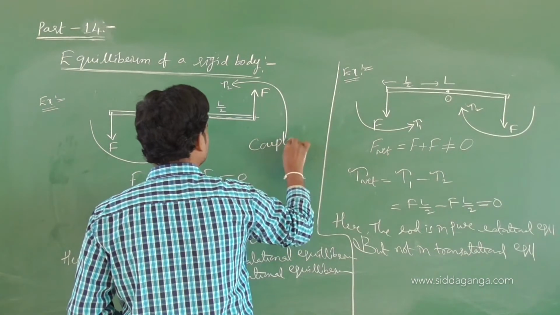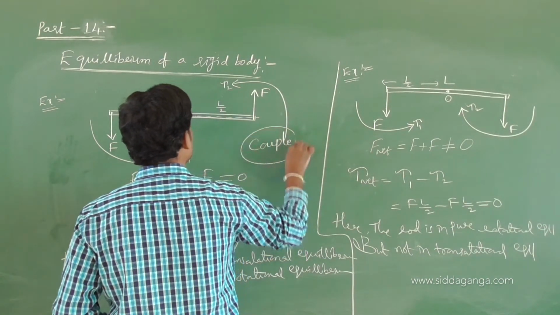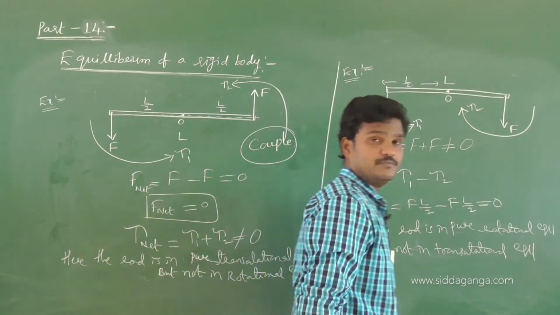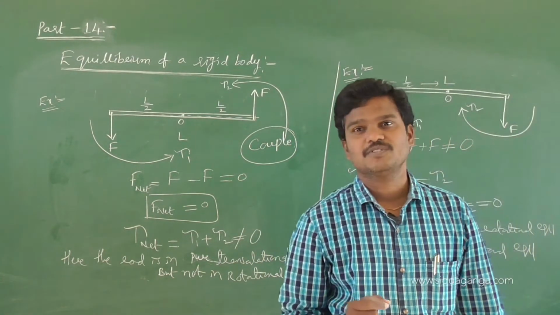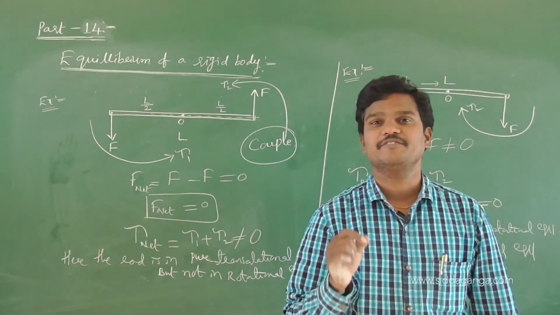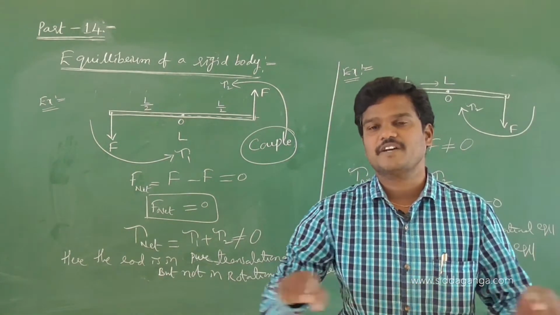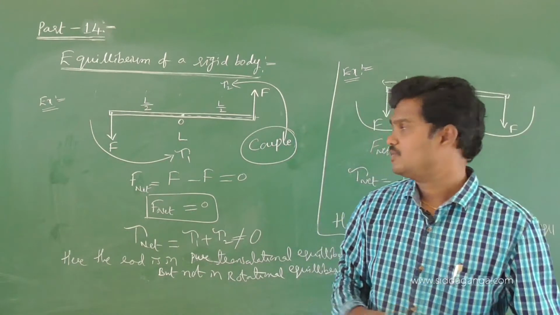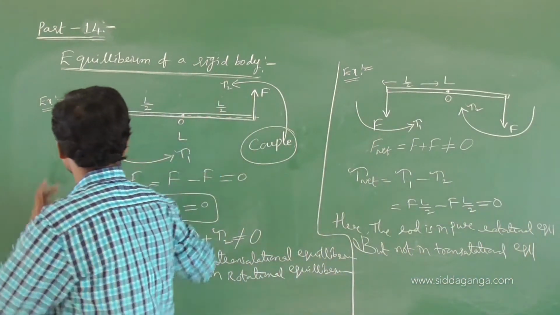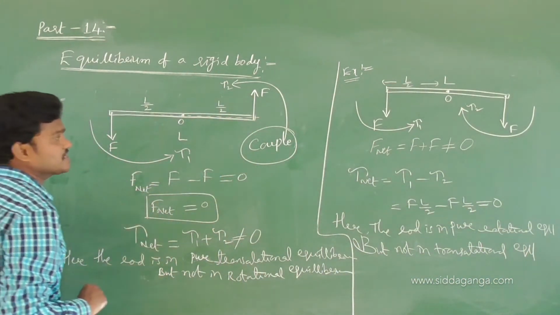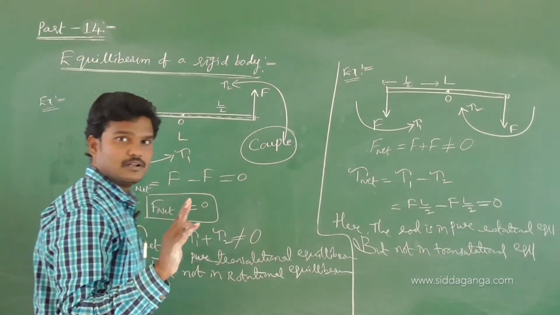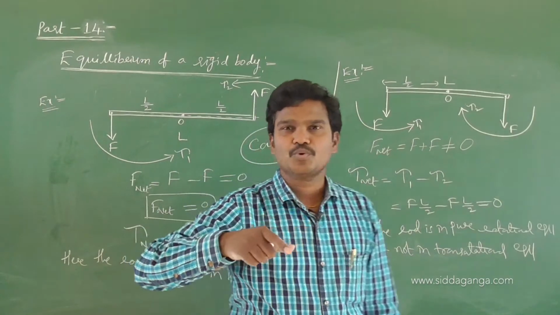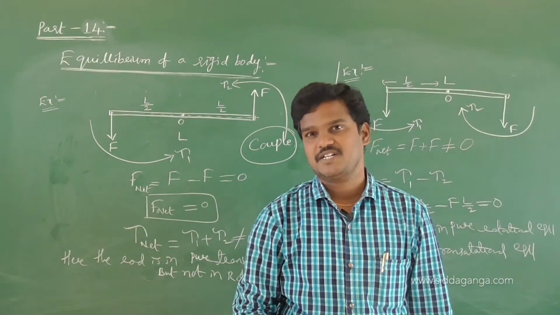So what are these forces? Couple of forces. A couple is nothing but two equal unlike forces acting on the body in different directions, whose lines of action are different. Here two equal and unlike forces acting on a body in different directions are called a couple, and a couple produces pure rotation without translation.